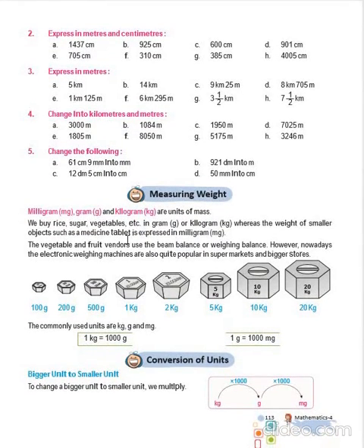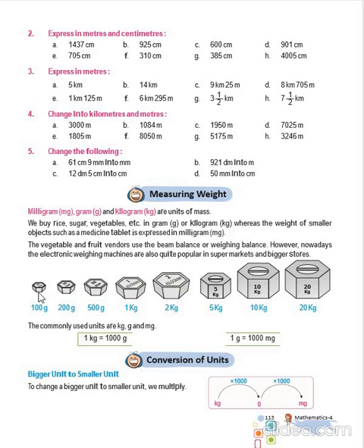Now let's learn measuring weight. Whenever you go to buy rice, sugar, vegetables, the weight will be measured in grams or kilograms. Whereas the weight of smaller objects such as a medicine tablet is represented in milligrams.